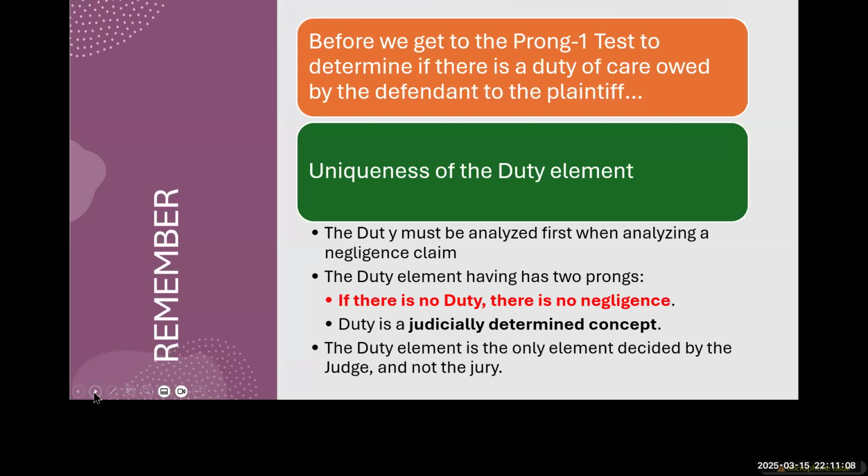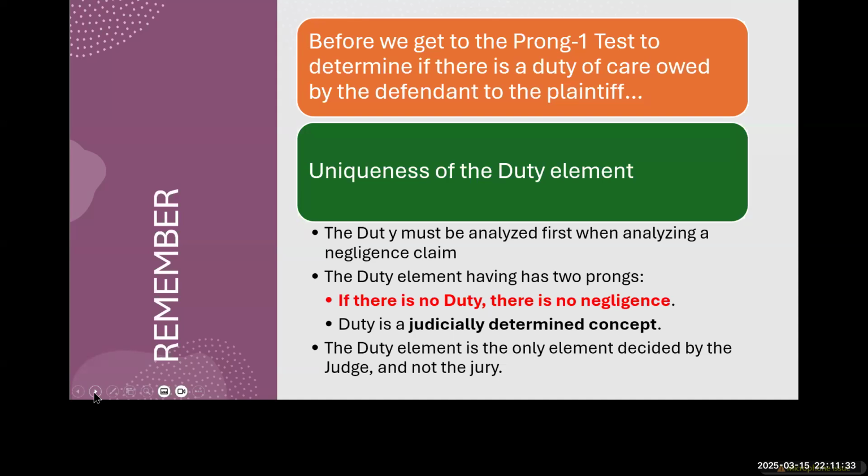This video 2 is addressing how do we determine if a duty of care is owed. That's prong 1. Before we get to the prong 1 test, I want to quickly review the uniqueness of the duty element.